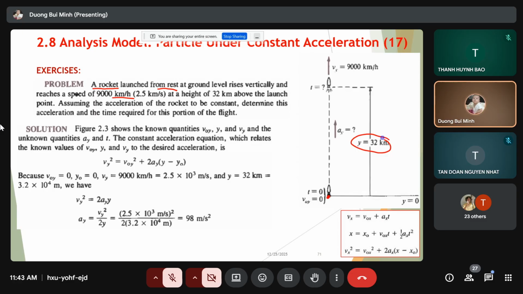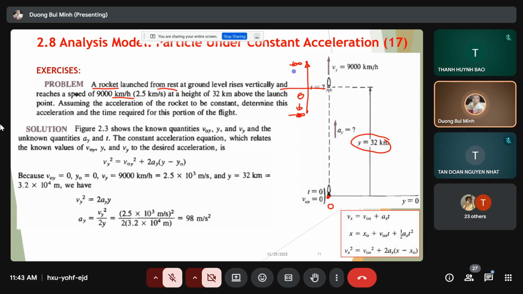So to be careful, this one is also a straight motion, but we follow a vertical axis. This is the origin, this direction is positive, and this direction is negative.